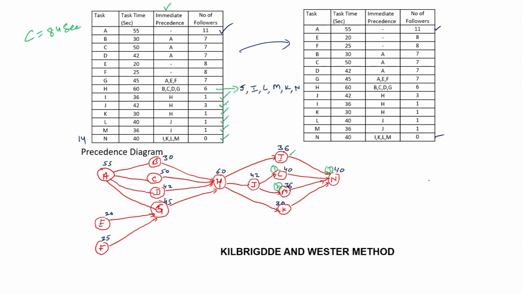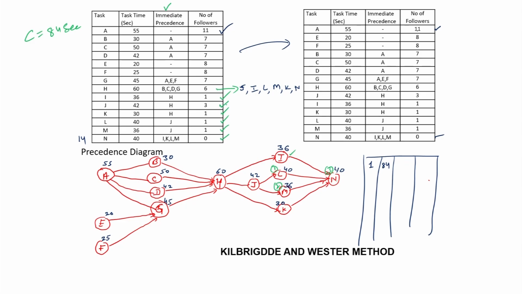And then we can do the assignment same as we did for the RPW technique as well as for the largest element rule. In the same manner we can open the workstations one by one. Workstation number 1, 84 seconds are available.